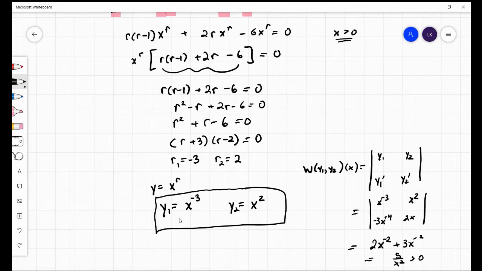I'm going to go through all the different cases and give you examples: real distinct roots, like we did right here; a real but repeated root; and imaginary roots that come in conjugate pairs. And then after doing those examples and looking at the formulas, we'll derive more formally why this method works.